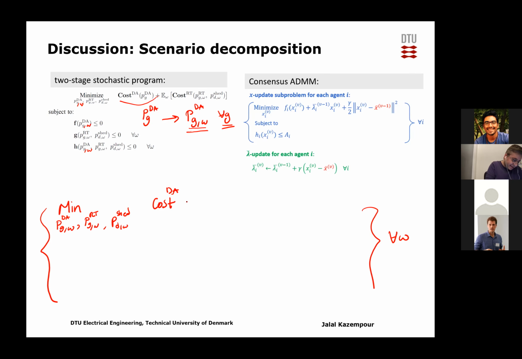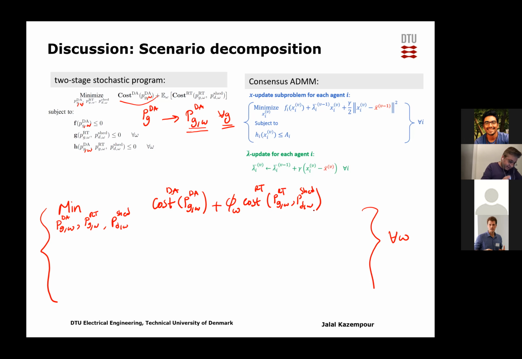The objective function of the subproblem is going to look very similar to the main objective function. Yes, okay. Cost day ahead as a function of PG omega day ahead. Good. Also minimizing the cost of the real time. Exactly. But should I put the expected operator or not? I think not. Thank you. So let's say phi omega, the corresponding probability, times the cost of real time as a function of PG omega real time and PD omega load shedding.